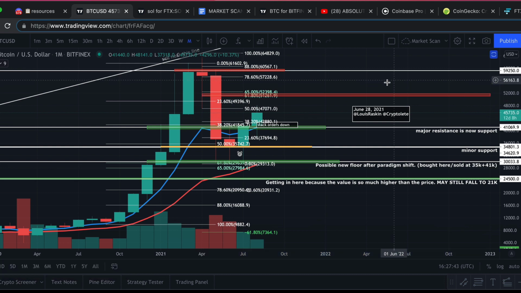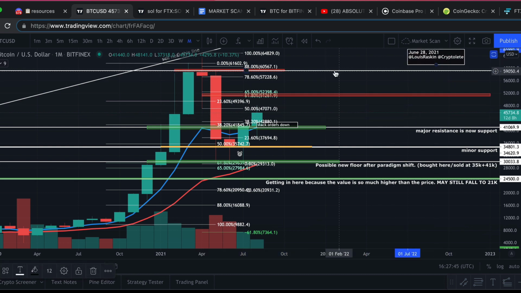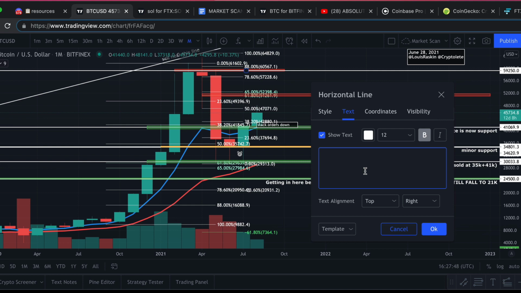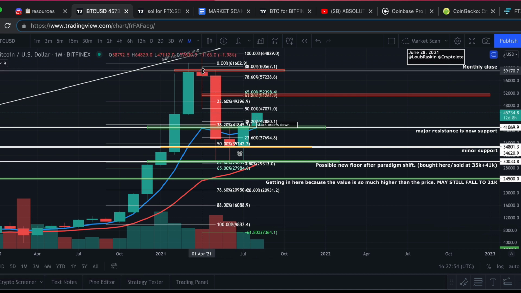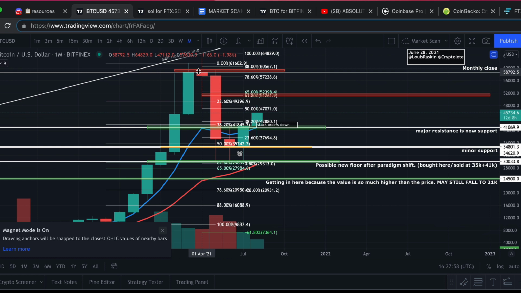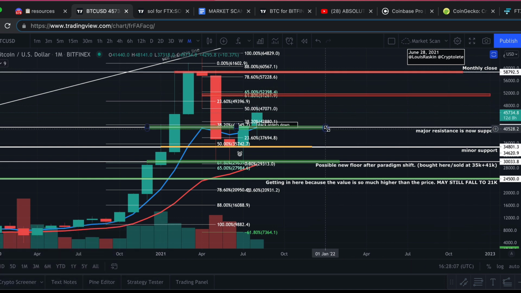Put that right there. So monthly close, right here. So this is big resistance. This is big resistance.